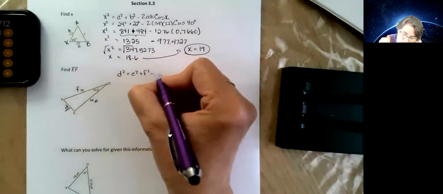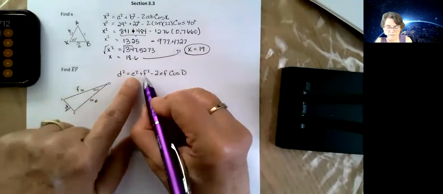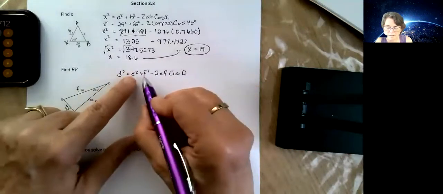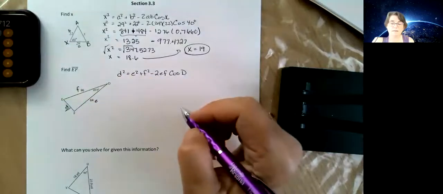So d squared equals e squared plus f squared minus 2ef cos d. Front and back match. The other two letters in my diagram are E and F, EF, EF. Ta-da, we're good. Now throw in some letters.